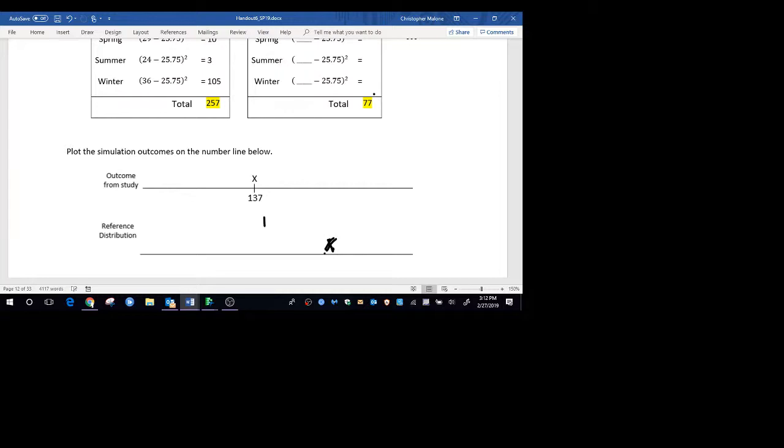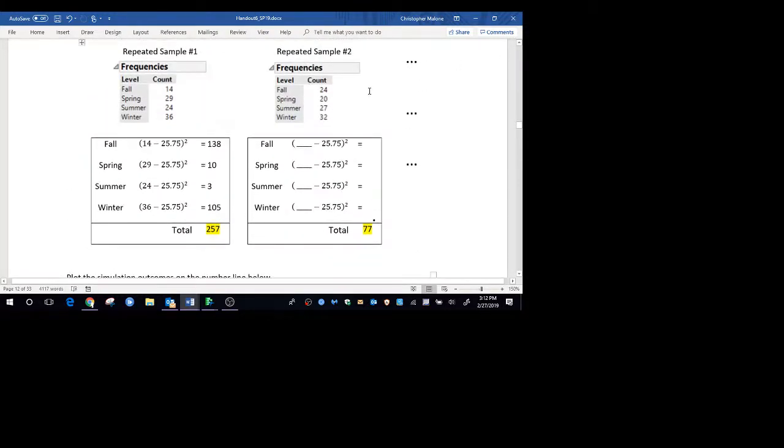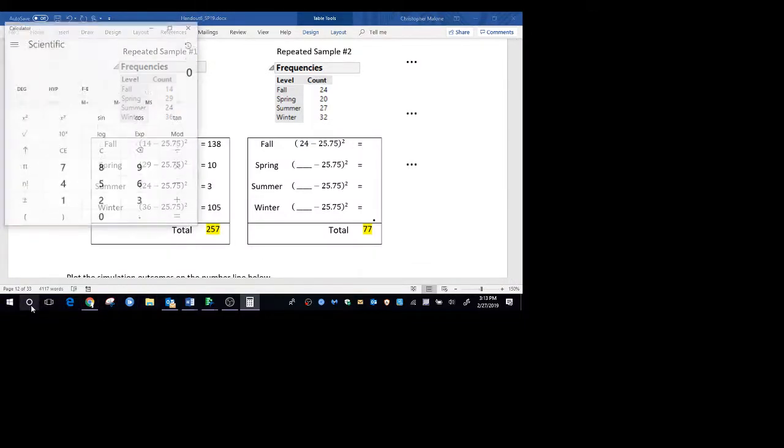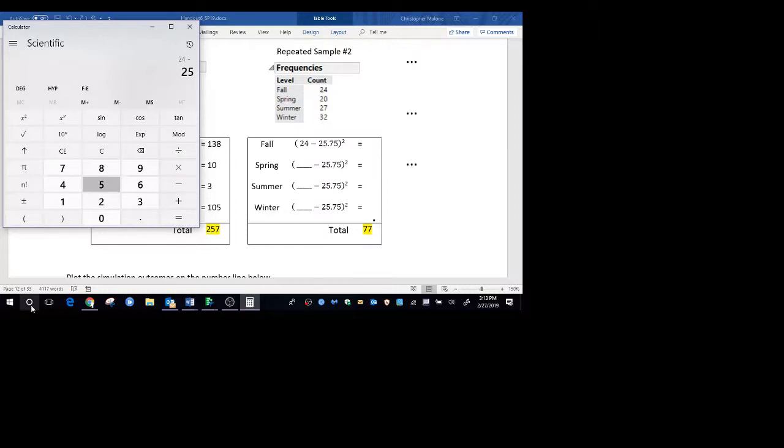The second iteration, so let's go up and look at what I did with the second iteration. Here, again, we do the math: I'm going to take 24 minus 25.75. I square that. Let's go ahead and do a couple of these. 24 minus 25.75, and then I need to square that.